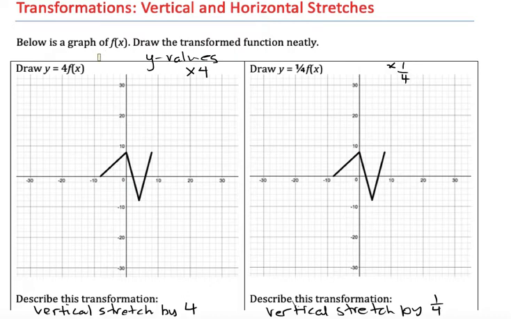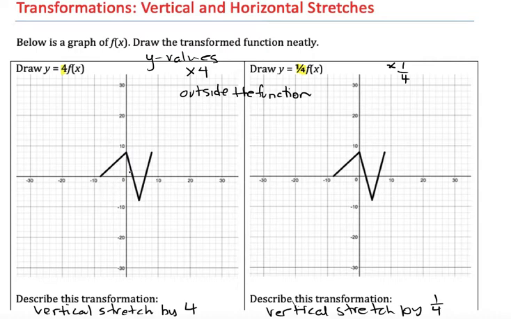Okay, a key point for you to remember is that when it's outside the function, then it affects the y values. Okay, so just go ahead and add on to your notes the fact that the transformation is outside the function. Okay, so remember, keep a focus on the y's and not the x values.